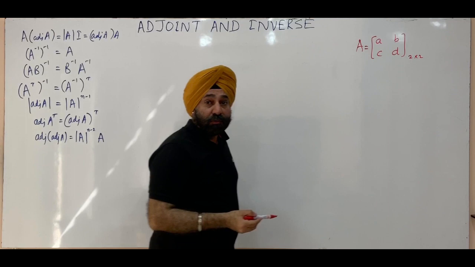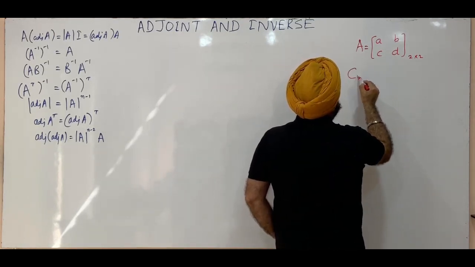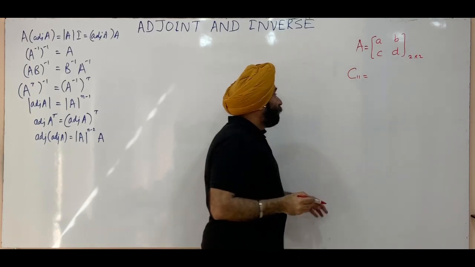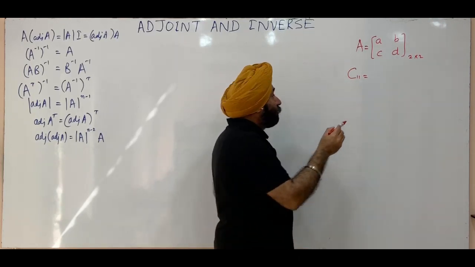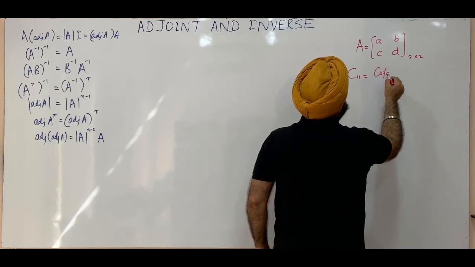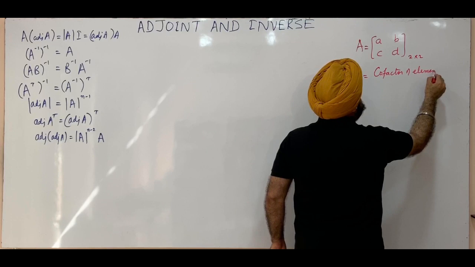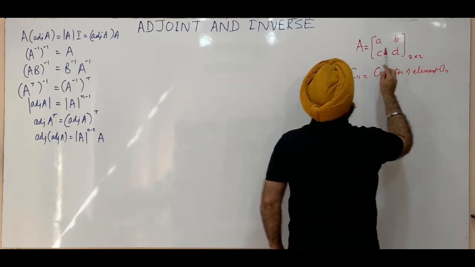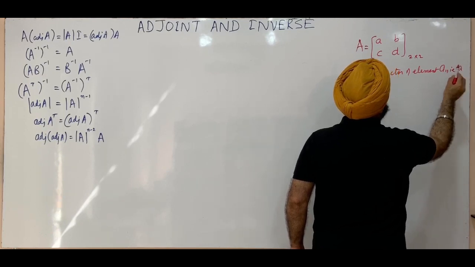We know how to find out cofactors. Let's write cofactors with capital C's. C11 means it's the cofactor of element a11, and element a11 here is a.